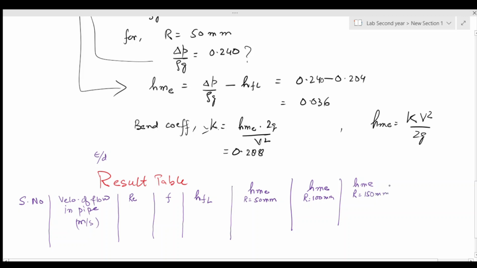And once I have found that, I would find my bend coefficient. Let's say bend coefficient again for 50 mm, bend coefficient for 100 mm, and my bend coefficient for 150 mm. So this is something which I would find, and after that my result table would be complete.